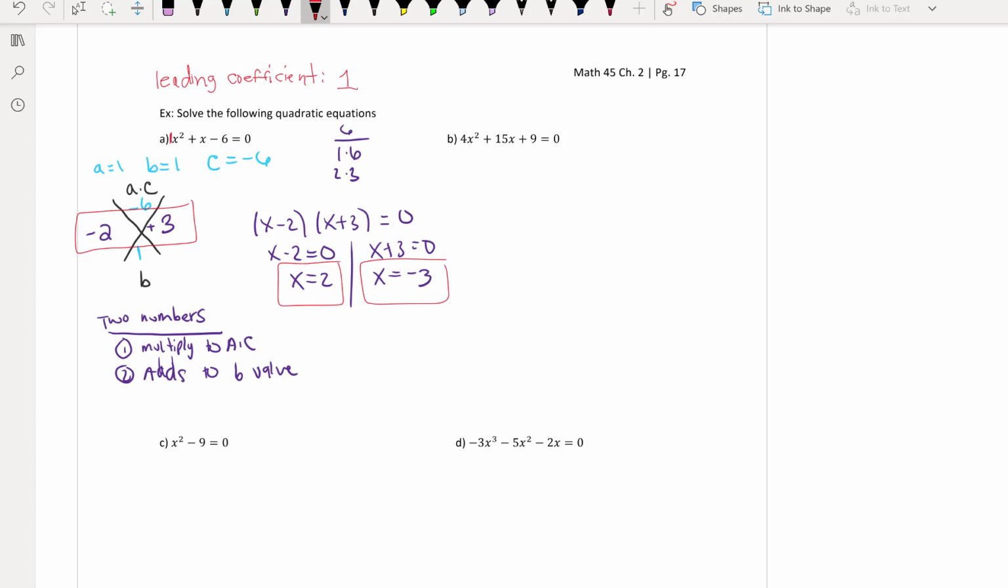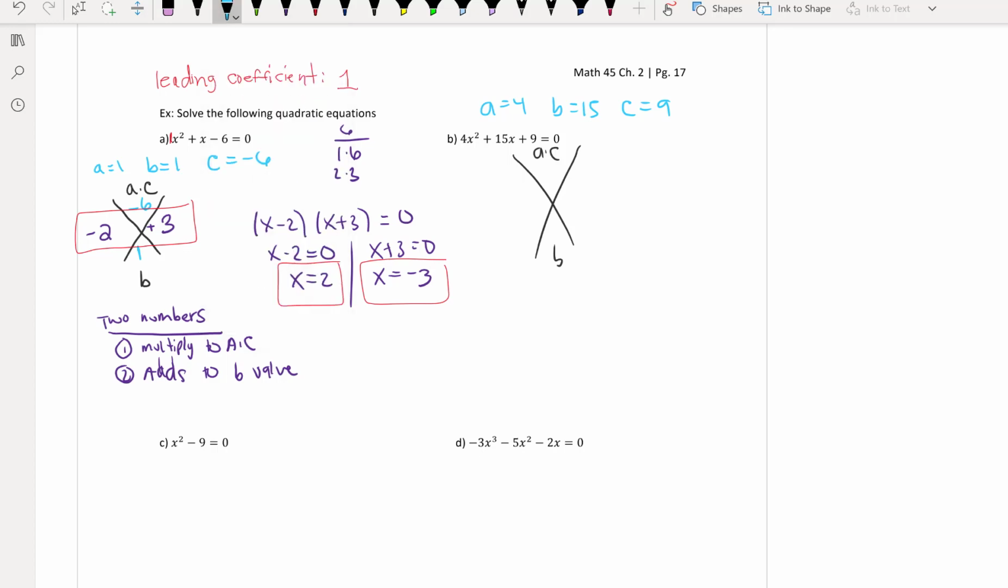Alright, so now we're going to do the exact same thing for B. So here, what we want to do is look at our A, B, and C values. So our A value is 4, our B value is 15, and our C value is equal to a positive 9. So if we do the A times C and our B value, let's look at what those values are going to be.